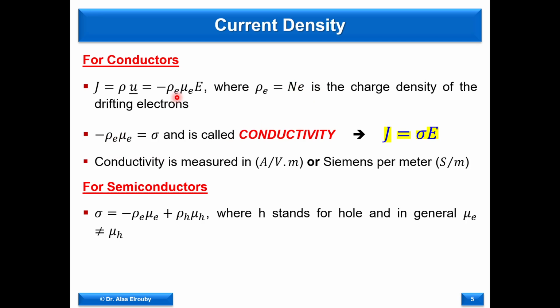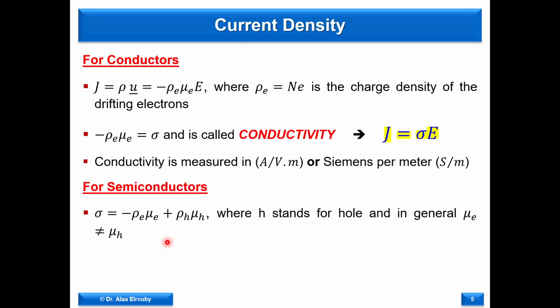So this quantity here, because rho e is negative, is called the conductivity, and the volumetric current density is proportional to the electric field with the conductivity constant.